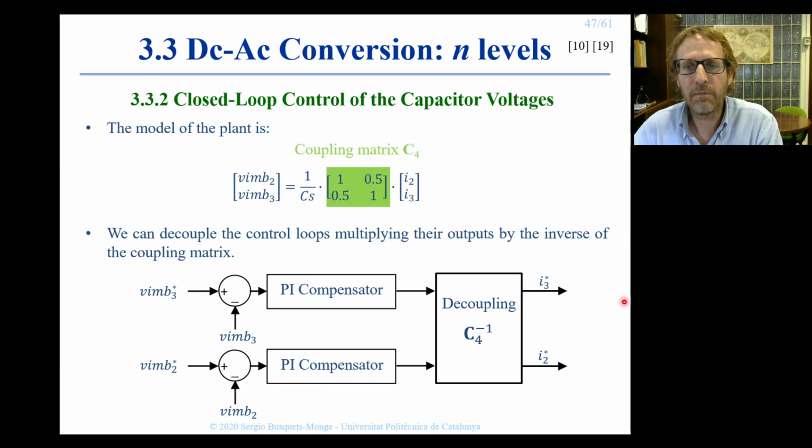If we consider the plant, which has coupling between the two control loops, together with this decoupling matrix, we will obtain a virtual plant where the two control loops are decoupled, and therefore these controllers can operate as if they were completely independent.